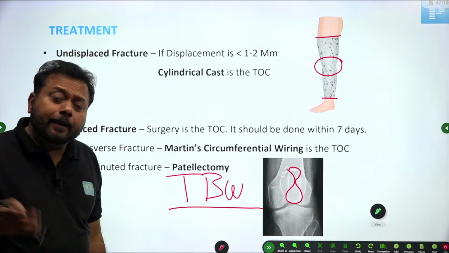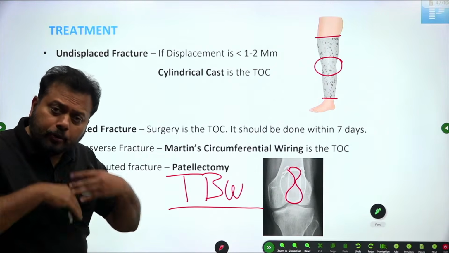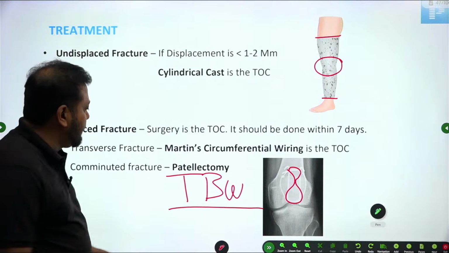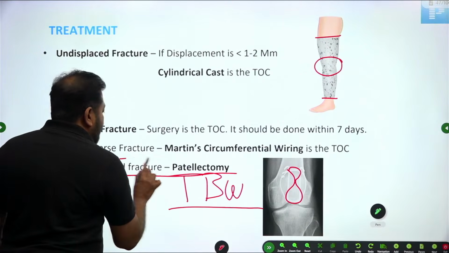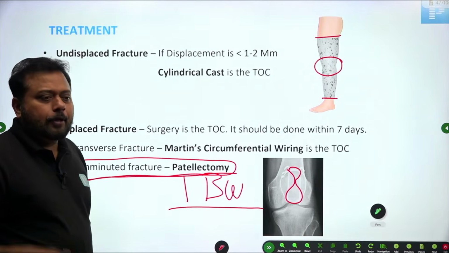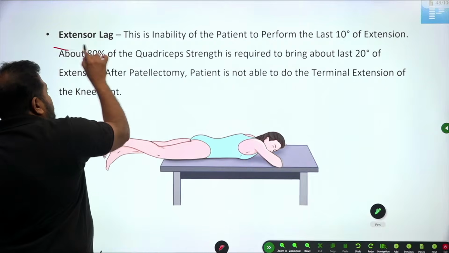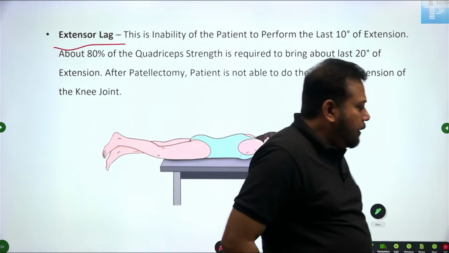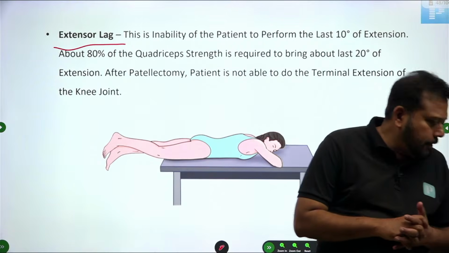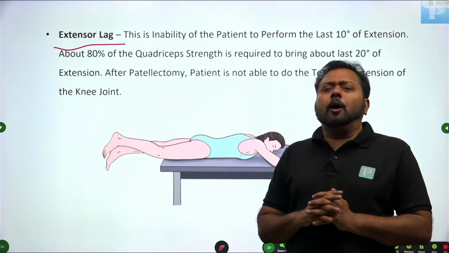In a very rare possibility, when the patella is totally shattered, totally comminuted, you cannot reconstruct. What is the only treatment available? Patelectomy. For severely comminuted fracture patella, the best treatment is patelectomy. When you do patelectomy, what is the only complication? The only complication is called extensor lag. Patelectomy won't do much harm to the patient.